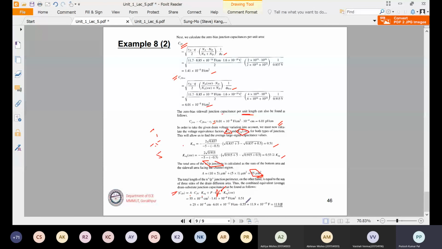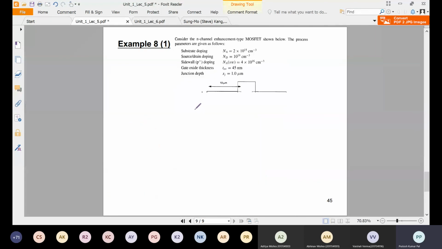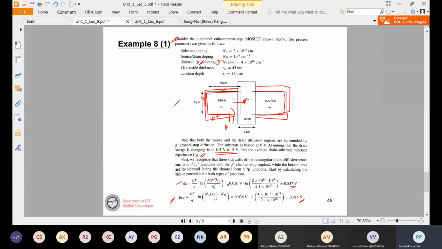All will be added together, and finally we will be getting that much capacitance. So this is the capacitance for one side of the junction capacitances. Whatever junction capacitances there are, we can find out for one side. This is CDB.